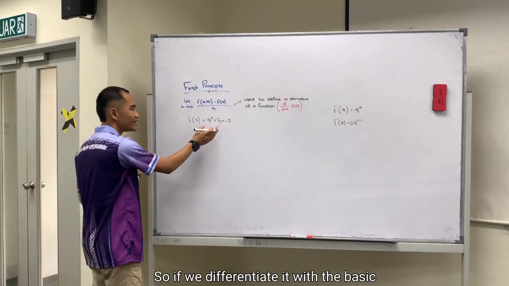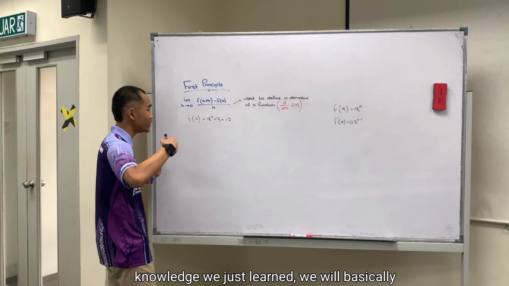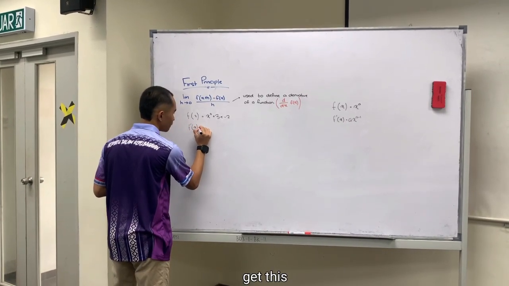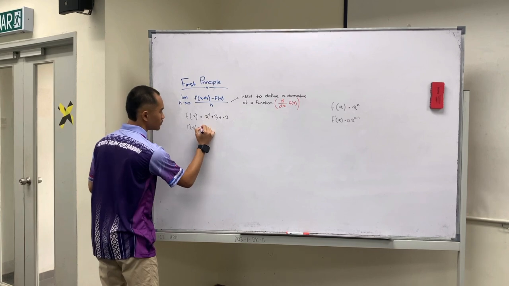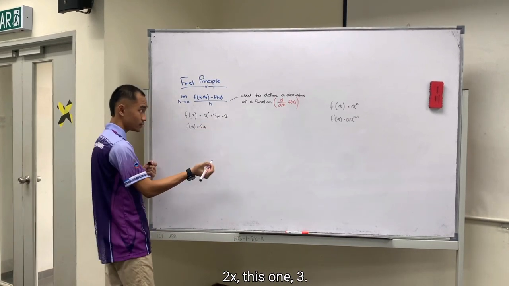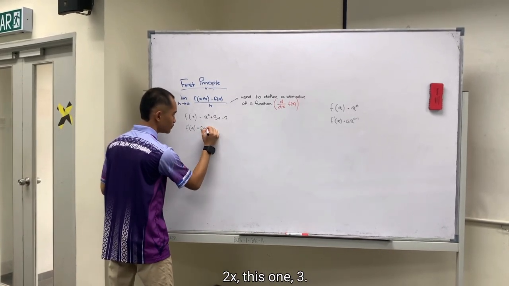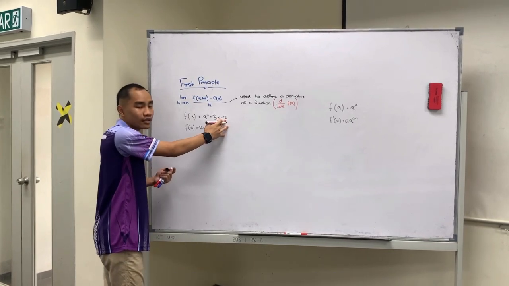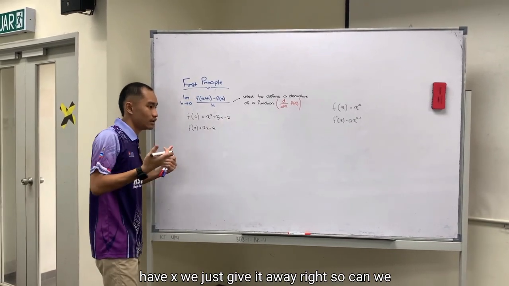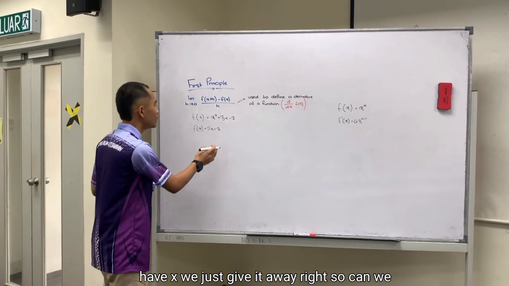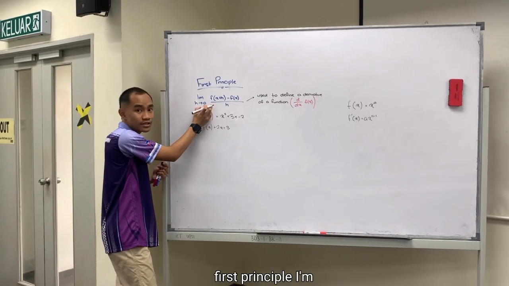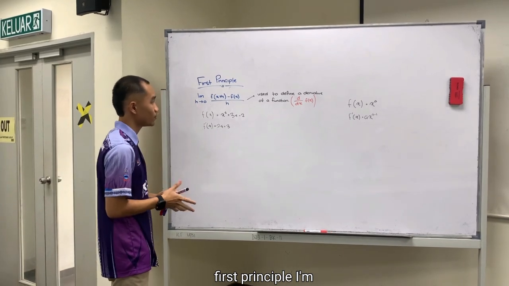If we differentiate it with the basic knowledge we just learned, we will basically get 2x, and then 3. And since this one does not have x, we just leave it away, right? So, can we get the same answer if we use first principle? Okay, I'm going to show you.